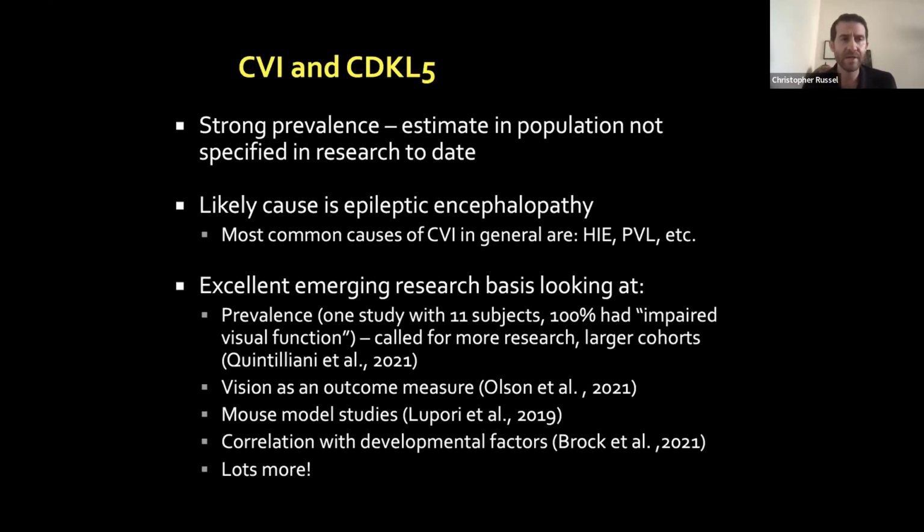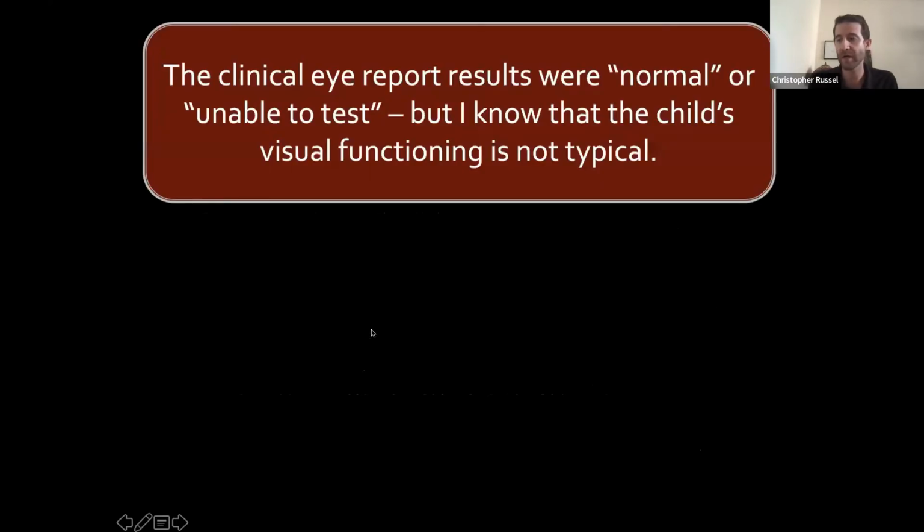And then I also saw studies that correlated visual impairment with developmental factors, which is not surprising because there is extensive research in the field of blindness and visual impairment that correlates access to visual information with development across domains. Lots more research out there. I think there's some really exciting stuff happening, as you all know, in the CDKL5 community, and there's a lot of great basis for research, a lot of great researchers out there.